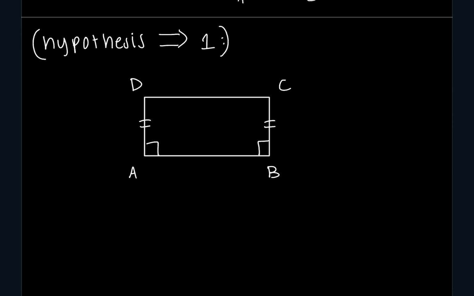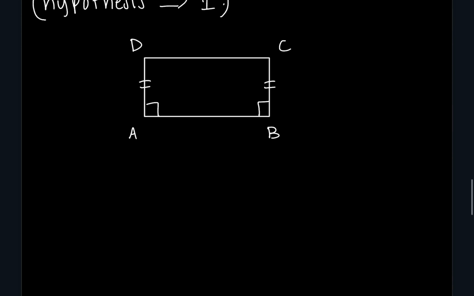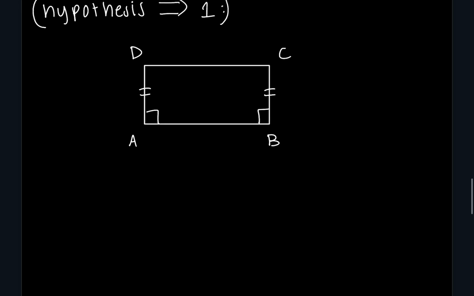These are the features of a Saccheri quadrilateral. So we have base AB. From our hypothesis, we can show that our diagonals, which are AC and BD, are congruent.